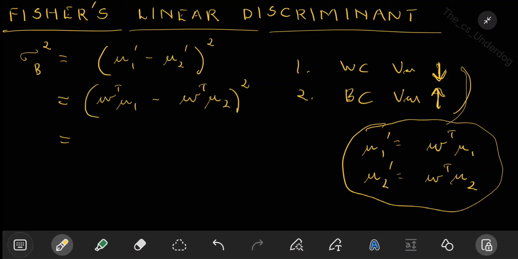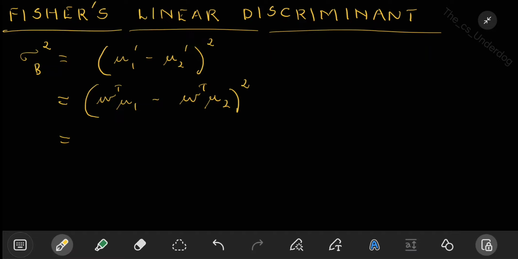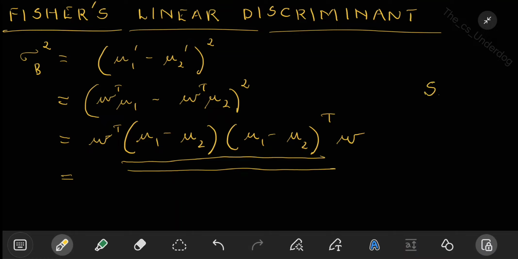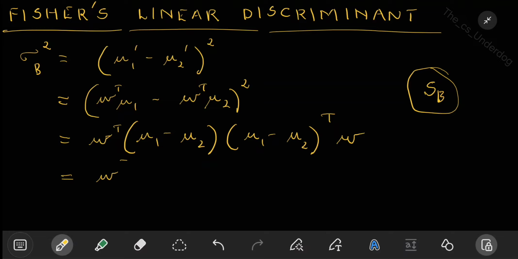And when you solve this by taking W outside, you will get W transpose into (mu1 minus mu2) into (mu1 minus mu2) the whole transpose into W. Here, if you remember, (mu1 minus mu2) into (mu1 minus mu2) whole transpose was the exact value that we got for SB, the scatter matrix for between class variance. So instead of this, I can substitute SB here. So it will become W transpose SB W.